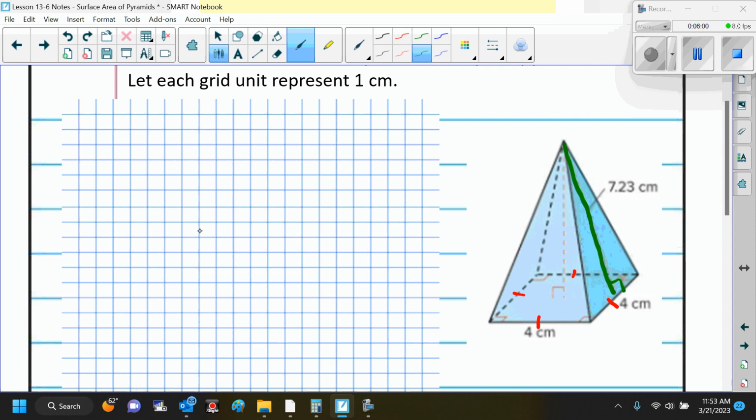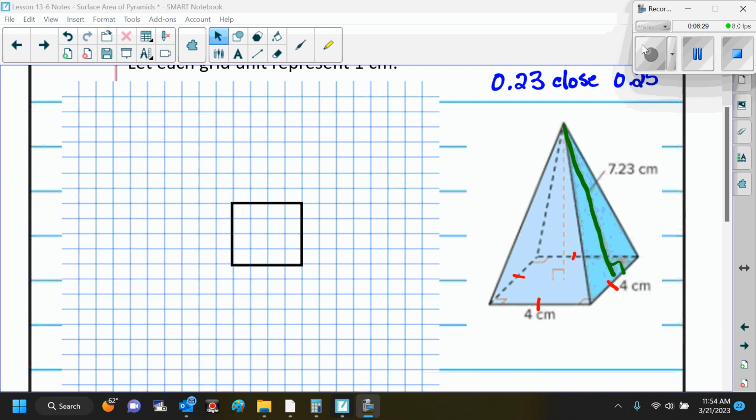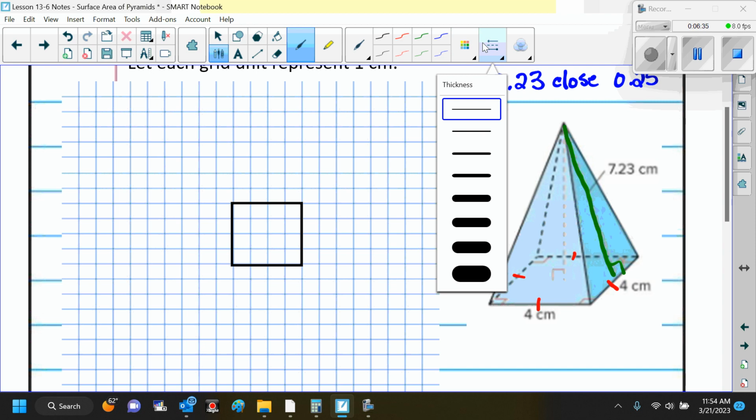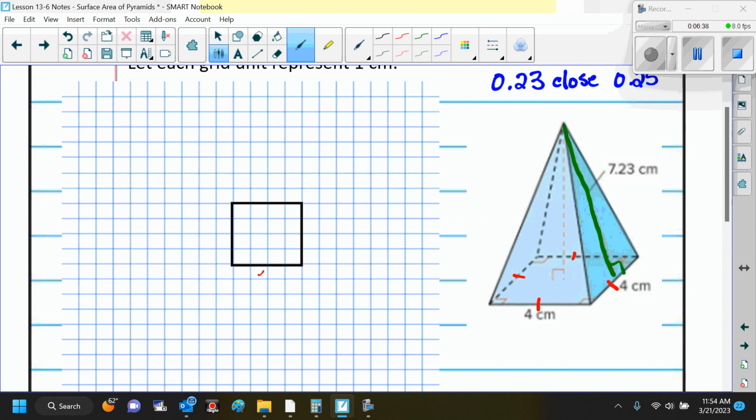Now, when we're putting it on the grid, we know that 0.23 is close to 0.25, which is 1/4. So we know how to estimate close to 1/4. That's what we're going to do when we draw our figure. The first thing we want to do is draw a 4 by 4 square. So here is our 4 by 4 square, and I'm going to label in here that this is 4 centimeters by 4 centimeters.